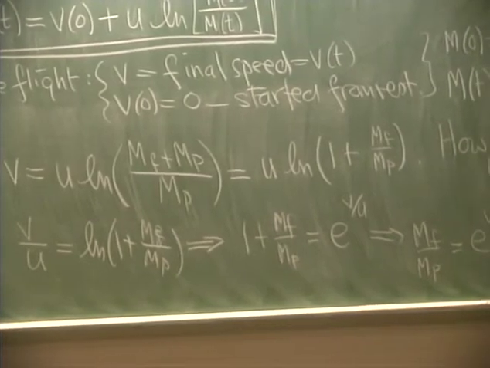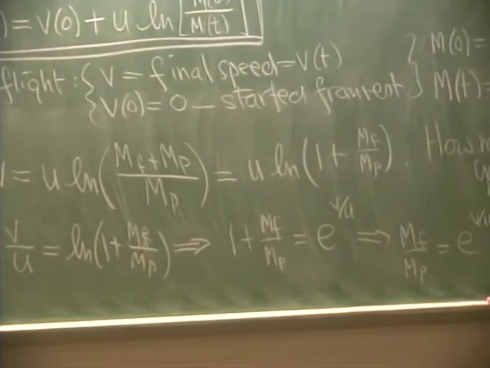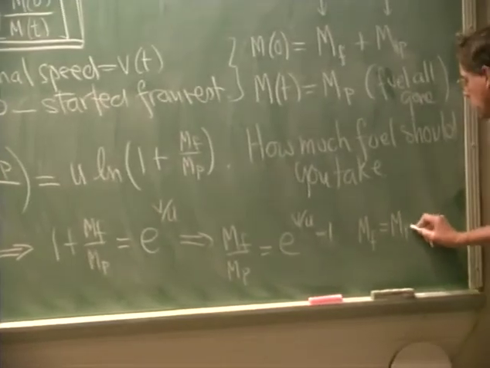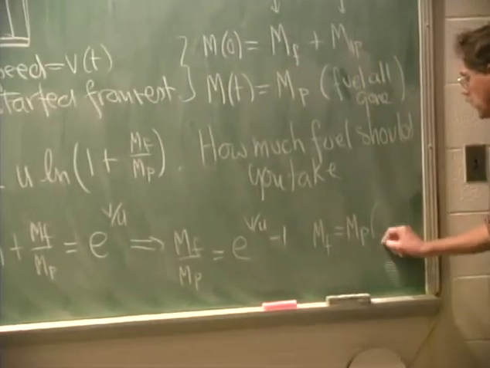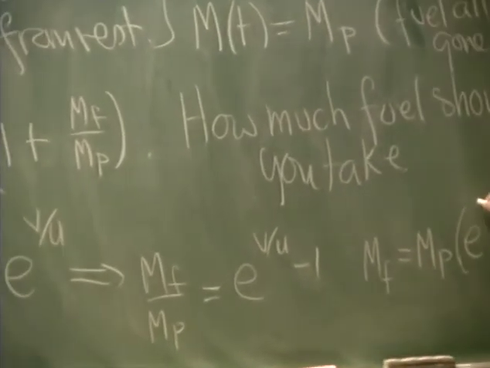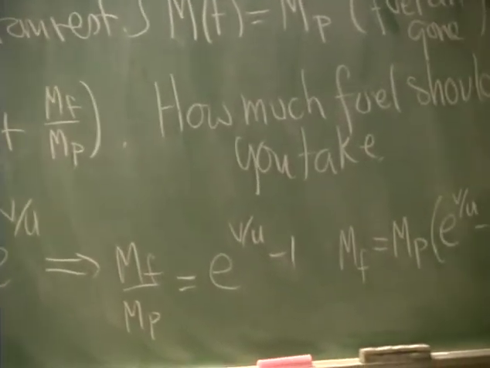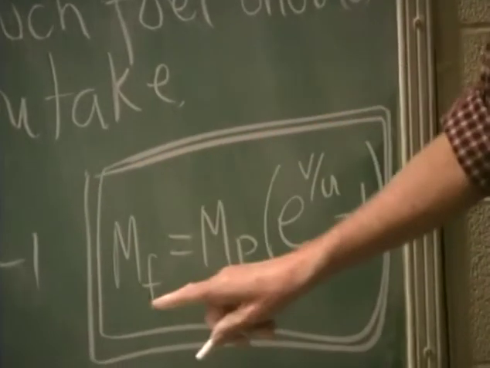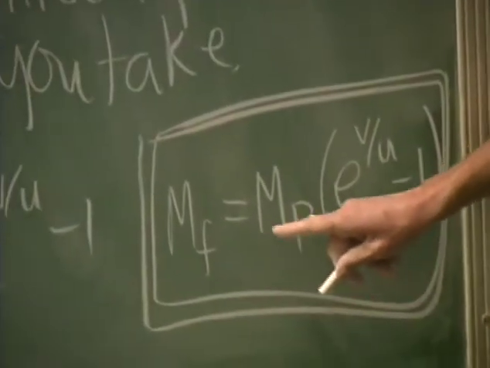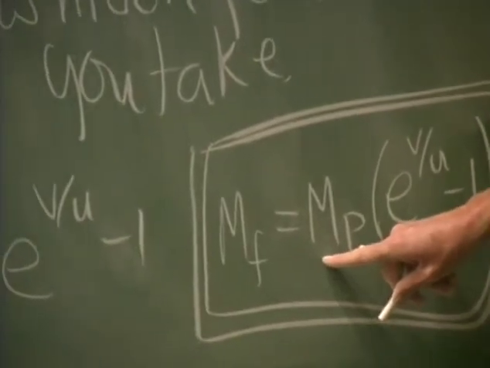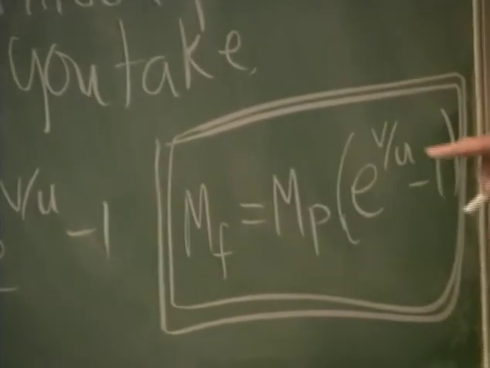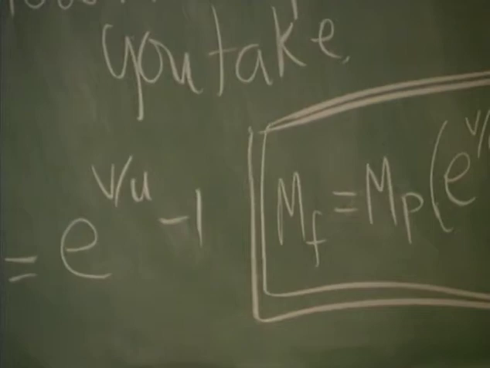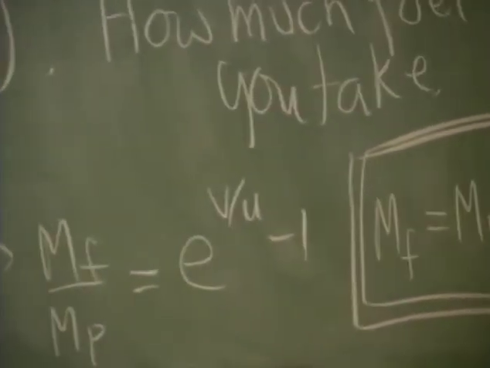Or, finally, the mass of the fuel I need to carry is equal to the mass of the payload, multiplied by that, times e to the v over u minus 1. There's the formula for how much fuel you better carry to accelerate a payload with mass mp up to a velocity v if the exhaust velocity is u.